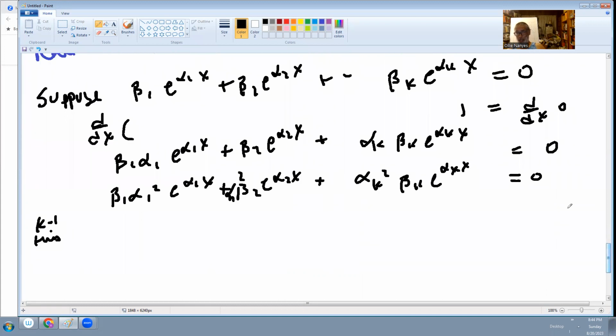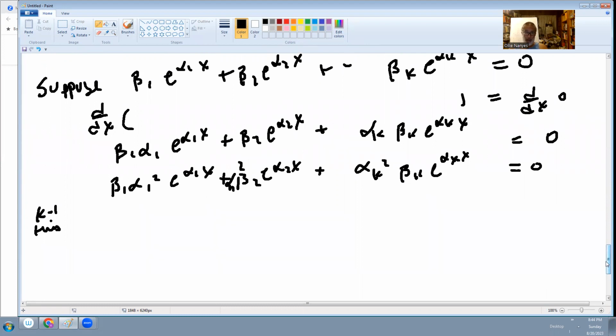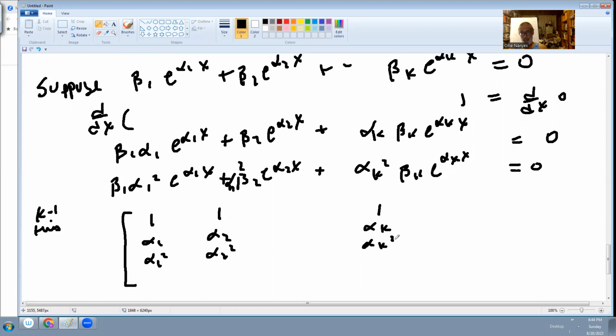And this is kind of cool here because in this equation, you get a 0. This equation, you get a 0. This equation, you get a 0. By writing this in matrix form, what we get is 1, 1, and you get k of these. The next one you have alpha 1, alpha 2, all the way out to alpha k. Alpha 1 squared, alpha 2 squared, all the way down to alpha k squared.